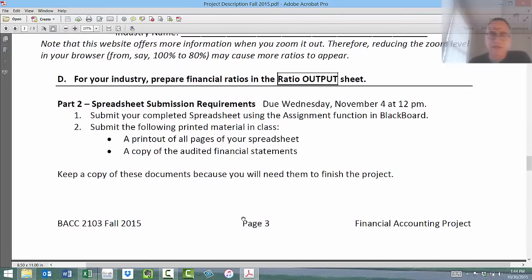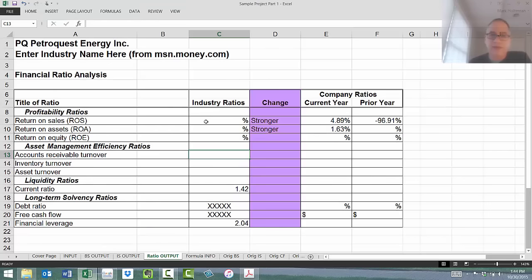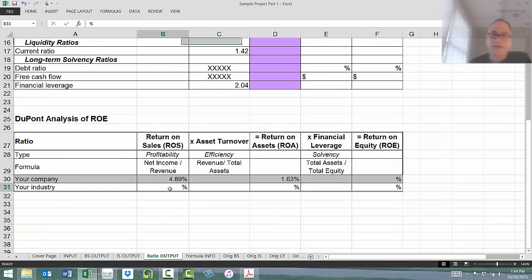Then enter that information, of course, right here under industry ratios, and plug the numbers in the DuPont analysis. Another little warning here, when you do the DuPont analysis using the industry numbers, it's not quite going to multiply out. So return on sales times asset turnover might be a little different from return on assets. And return on assets times industry financial leverage will be a little different from return on equity.